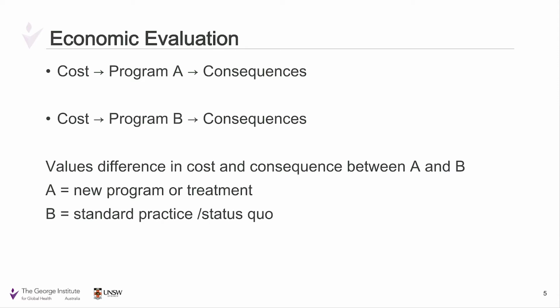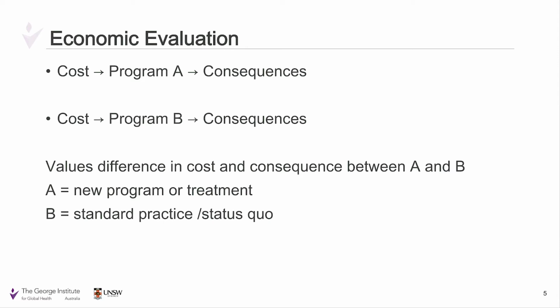So A might be the new program or treatment, so it might be a new drug or a new health promotion program, and B is usually framed as standard practice or the status quo. What economic evaluation generally does then is assess what the additional costs are of moving from the status quo to the new program, and what additional benefits or consequences we achieve when we do so.